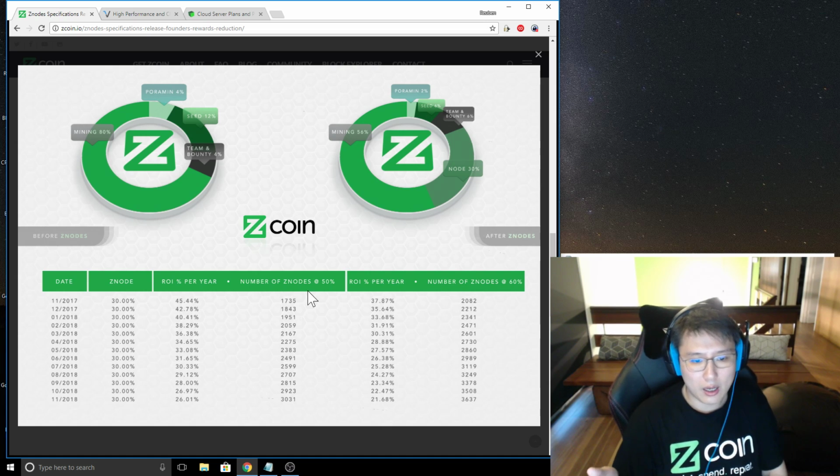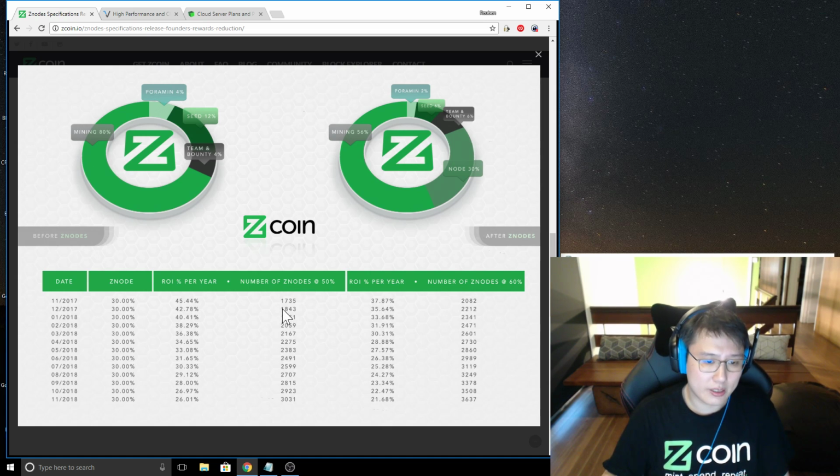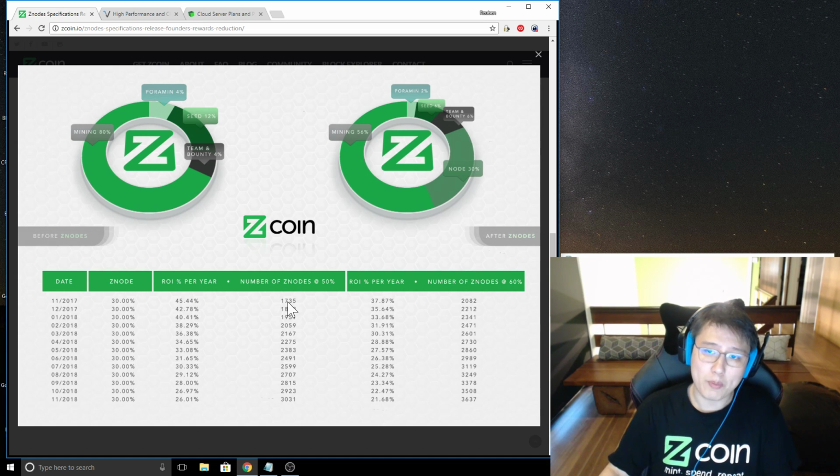Okay, so what are these numbers here? These are estimates based on 50% of supply being locked up. Remember I said 1.7 million coins, so 1,735 times 1,000 is roughly 1.7 million coins.